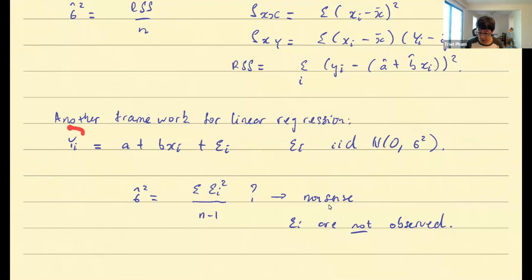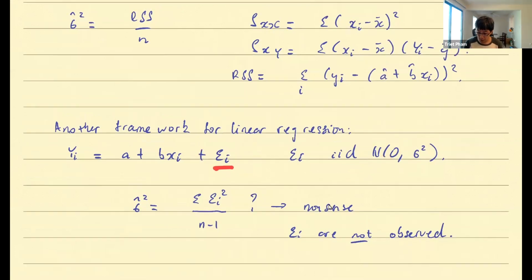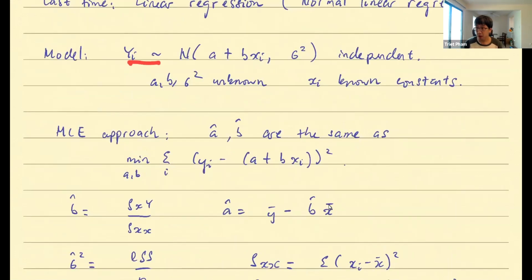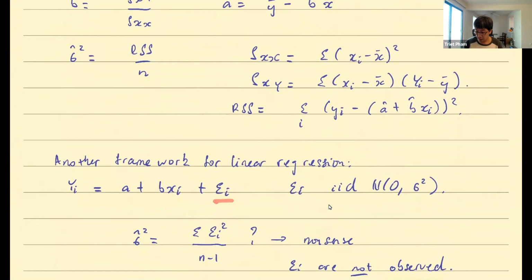You get to observe the output, the yi. So whether you pose it like this or like this, it doesn't really make a difference. It just makes you more comfortable to view the model. But the epsilon i you cannot use directly anyway. That's just an unobserved noise. You observe yi and xi.